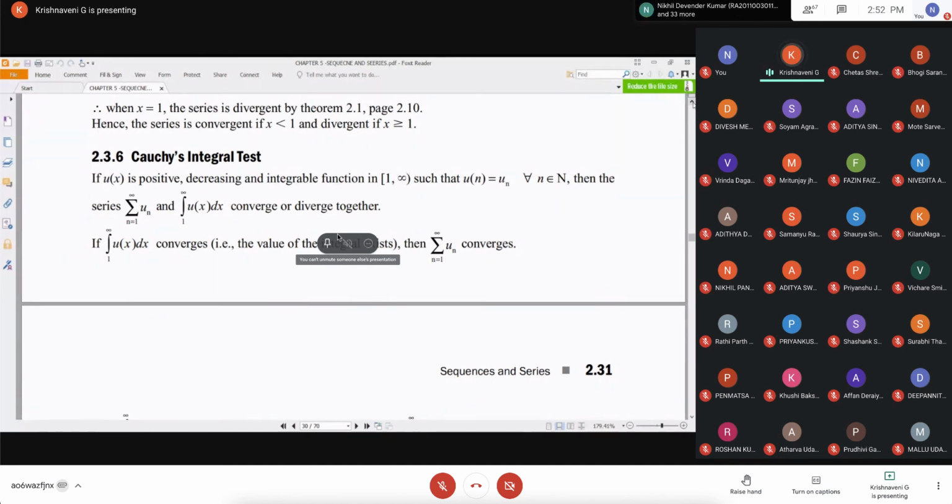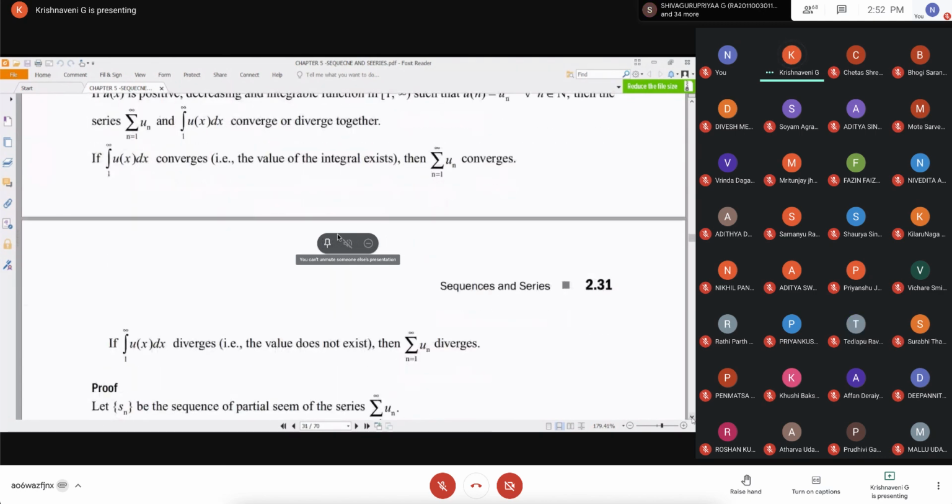If integral 1 to infinity u of x converges, that is the value of the integral exists, then summation un converges. If integral 1 to infinity u of x diverges, the value does not exist, then the series diverges.